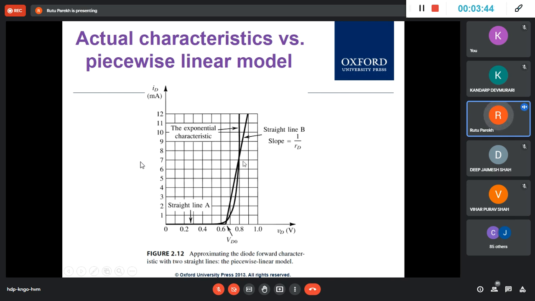And here you will have at this point, let's say 0.7, it is conducting, then 0.71, 0.72, 0.73. So the voltage difference is very less, but you will see a huge rise in the current, okay?